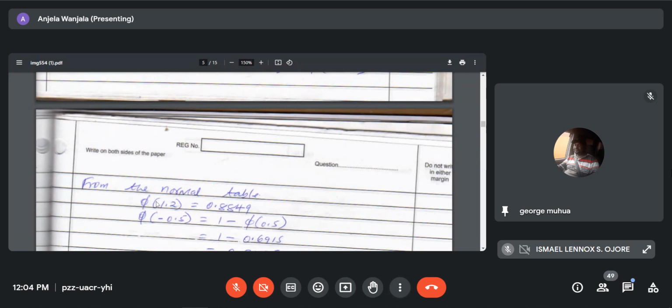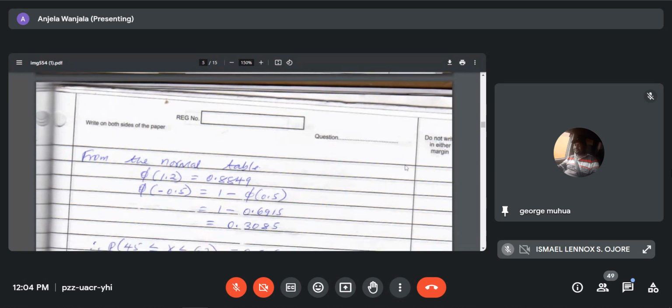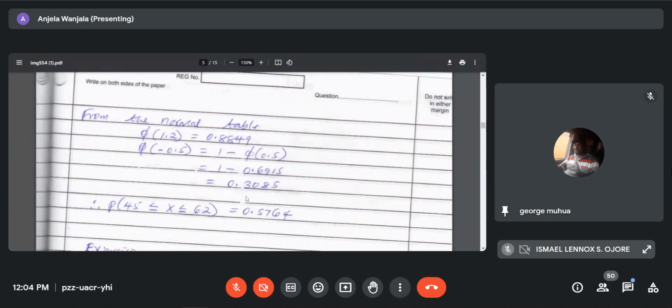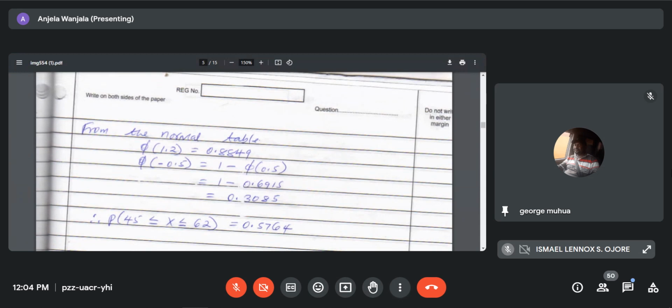And the upper bound, 1.2, we read directly from the table. Then we find the difference, the area in between them, so that we have the probability that X ranging from 45 to 62 is this one. So in the question you are given the X, it is upon you to standardize before you go to the tables. So anybody with the challenge reading the Z tables?